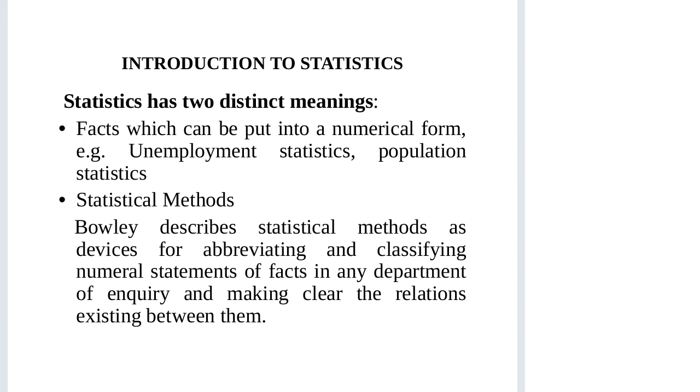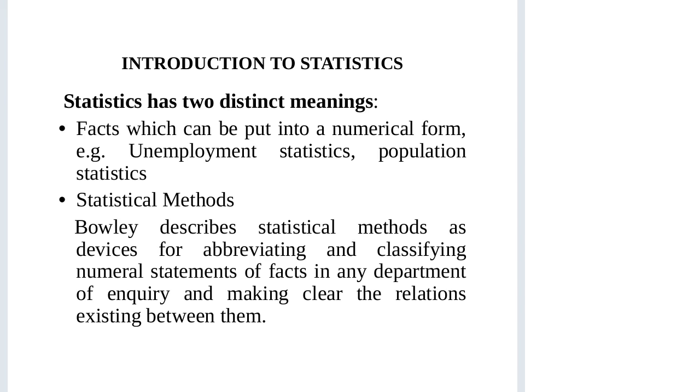We also have population statistics, for example. We normally take a census after every 10 years, and these population figures are presented in numerical form, and therefore they are referred to as statistics. We can say population statistics and employment statistics.